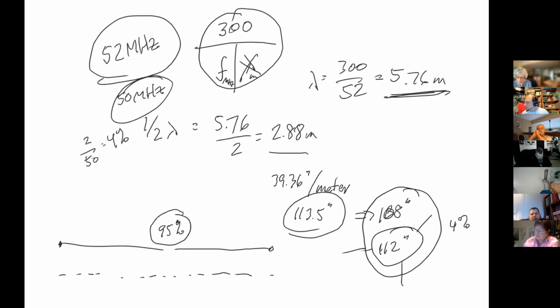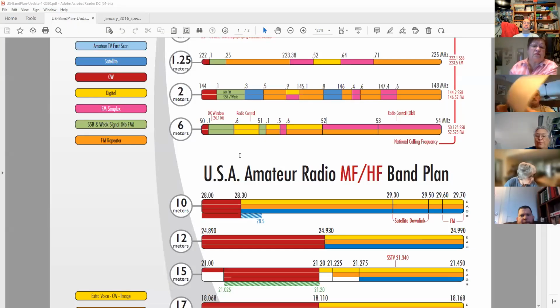Wouldn't it be 4% longer? Wouldn't they be basing it off 56? Take a look at the band. What are the limits on the band? 50 to 54. So they started at 50.